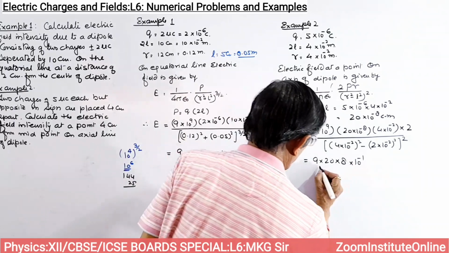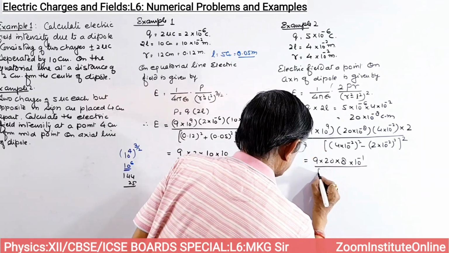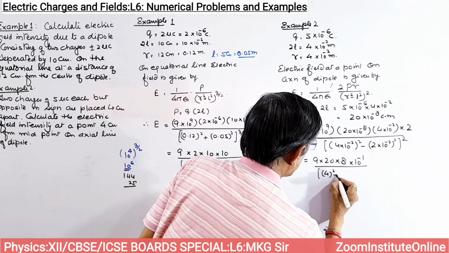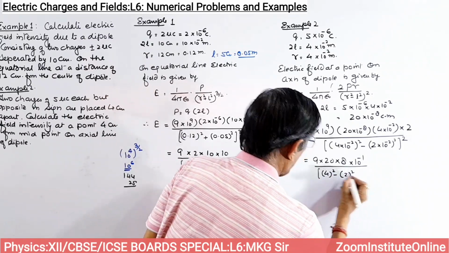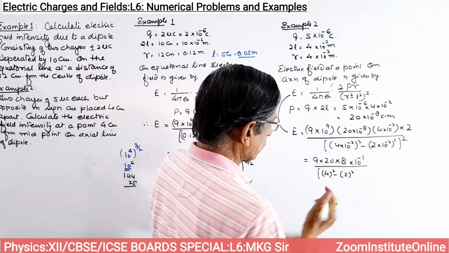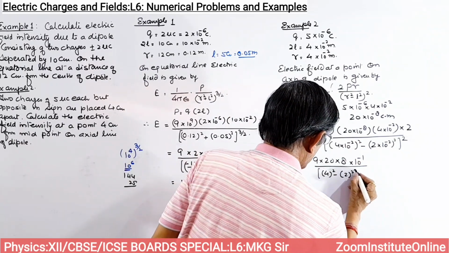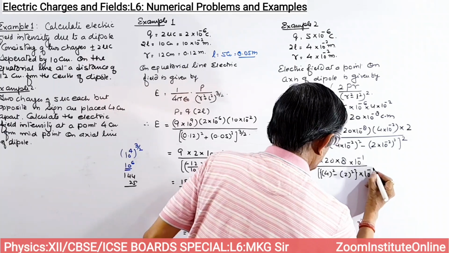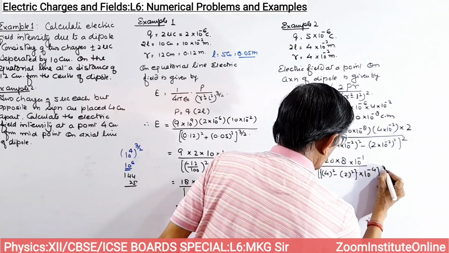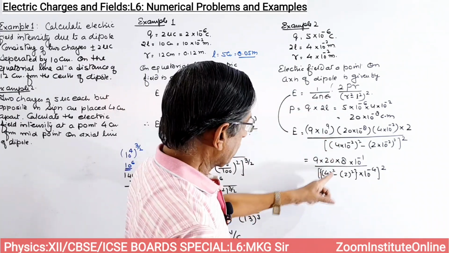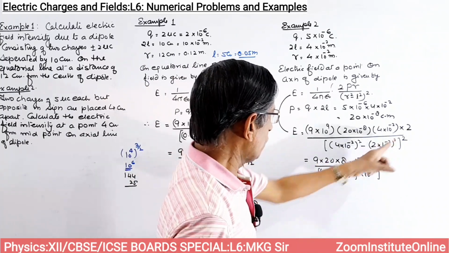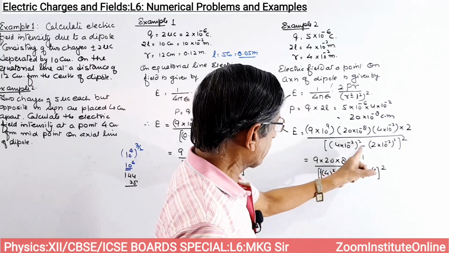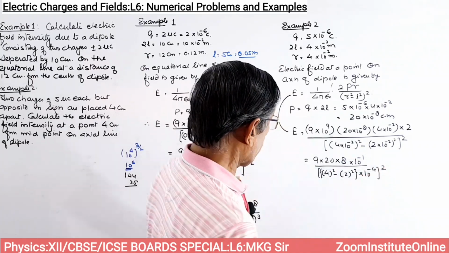So it will be minus 1 upon, you can write 4 square minus 2 square, and it will come out 10 to the power minus 4, its whole square. 4 square minus 2 square, 10 to the power minus 2 squared means 10 to the power minus 4, will be common from both.